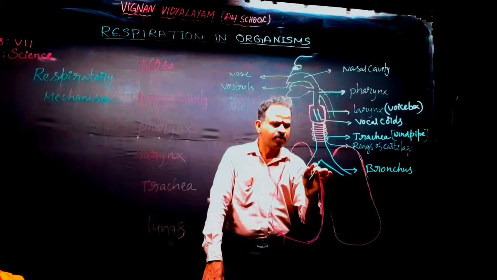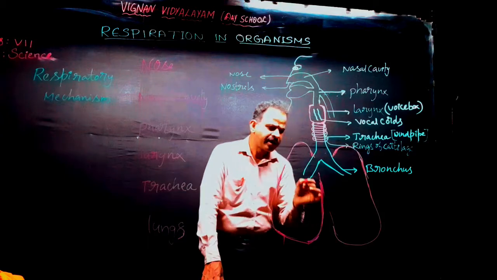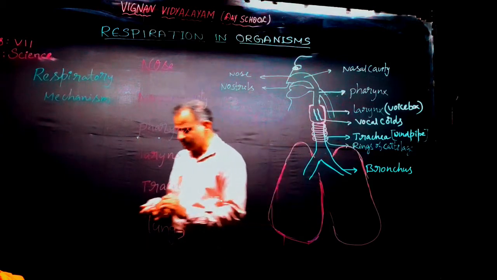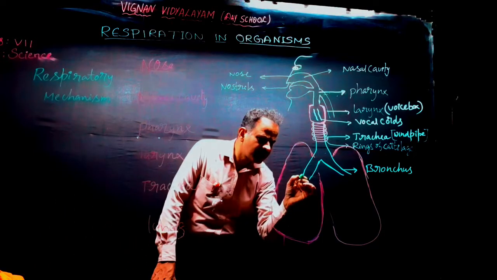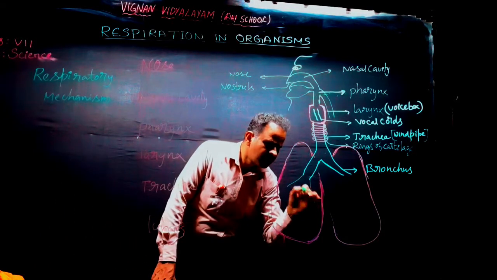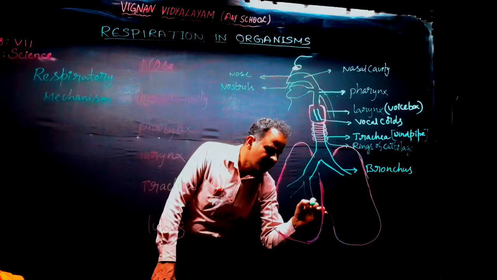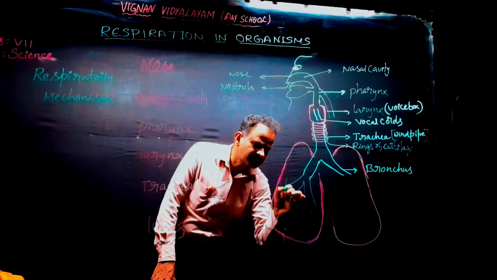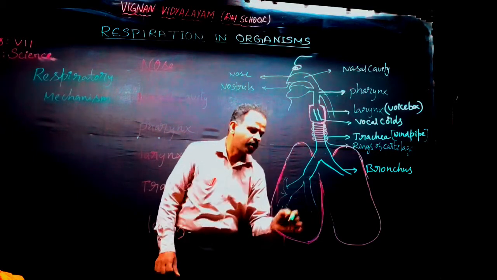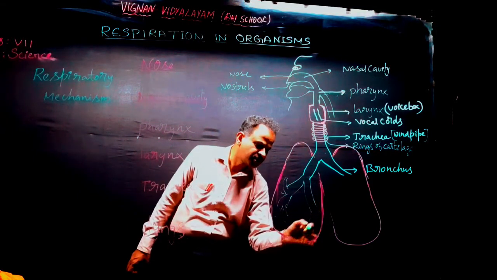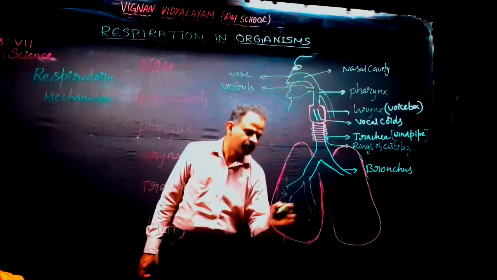So here the bronchus enters into the lungs, and in the lungs these bronchus divide into several branches. These branches are called bronchioles. What are these, children? These small branches are called bronchioles.